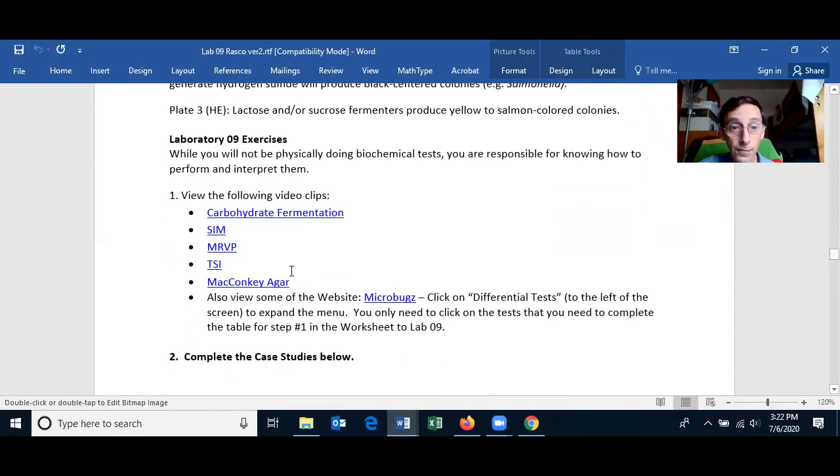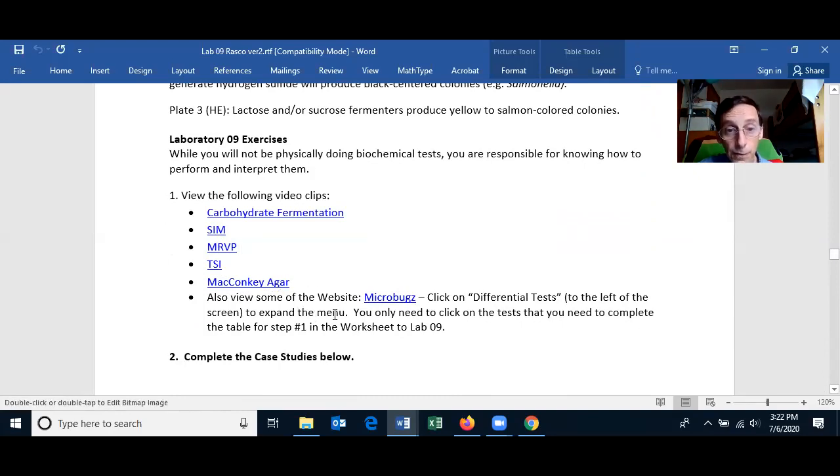So in lab 9, view the clips on carbohydrate fermentation, on the SIM test, and on the MR and the VP test, on the triple sugar iron, which is looking for the sugar fermentation as well as the production of hydrogen sulfide gas. You'll be looking at MacConkey's agar, a video clip of that.